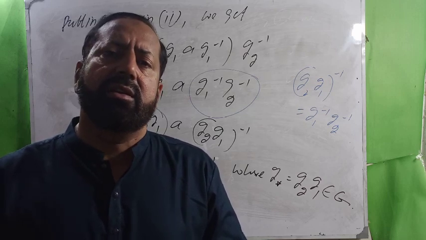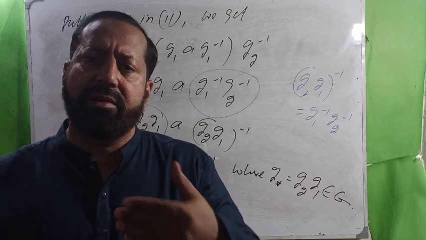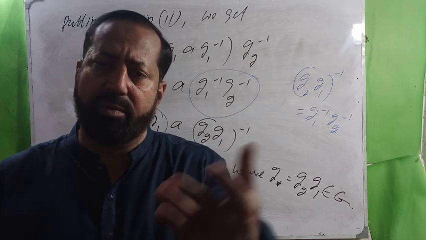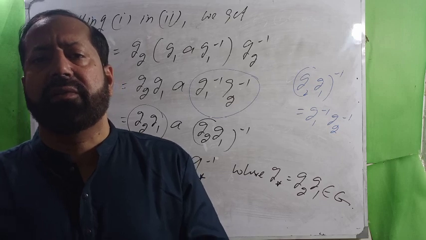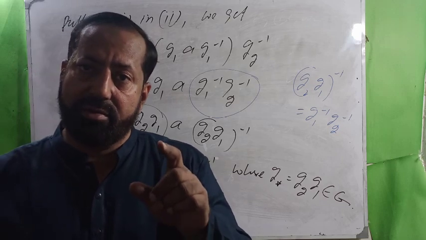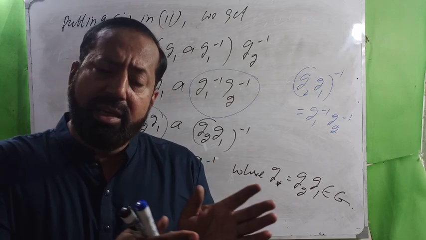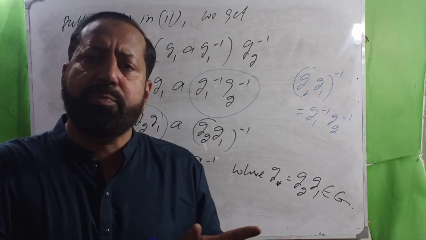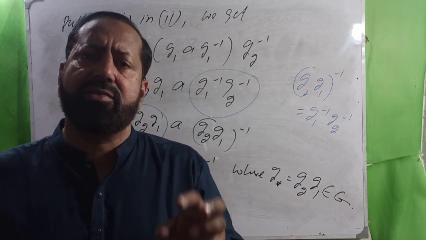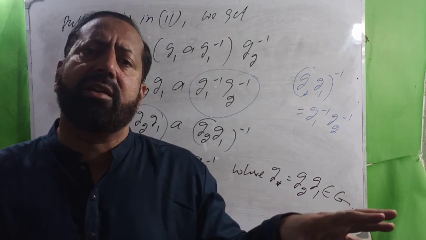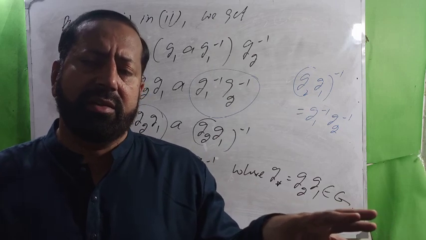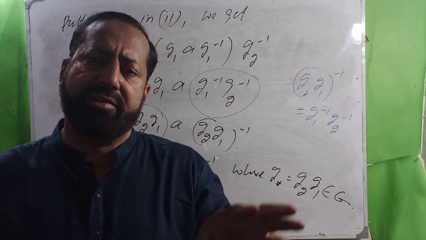That's why it is an equivalence relation on any group G. So this relation will define a partition of that group G. And suppose you define this relation and you are getting 3 classes, then these 3 classes must define a partition of S3.